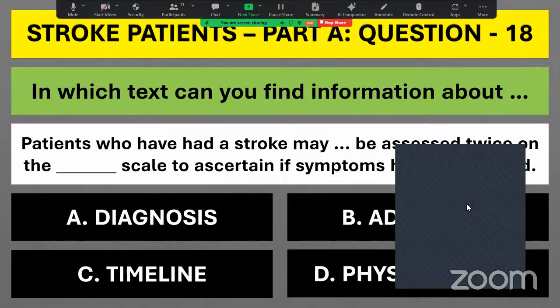It's a formal word. So Jackson says B and Avil says C. Come on. People who have had a stroke may be assessed twice on the dash scale.